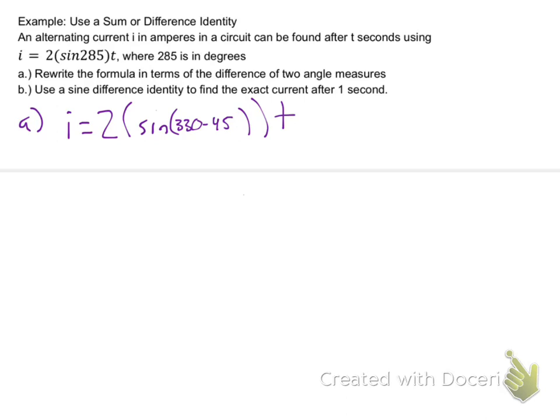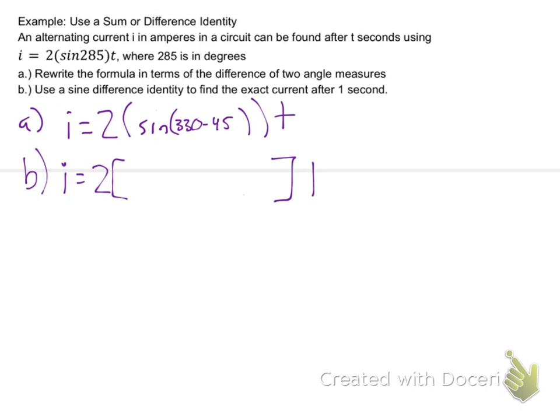Now, part B. Part B says use that difference to actually find the exact value of the current after 1 second. So, does 2 go away? No. Does the sine of 330 minus 45 go away? Well, we're going to switch it to its expanded version. Does t go away? Not officially. What does t become? 1.